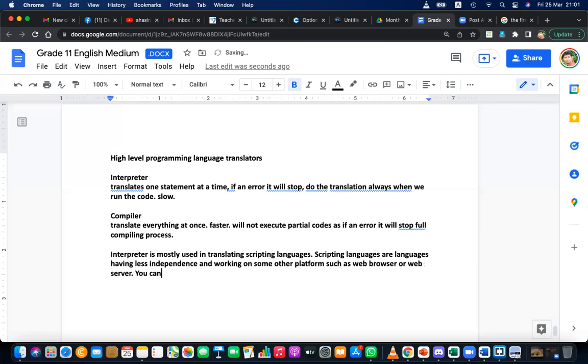You can get the help of a browser or server by scripting.